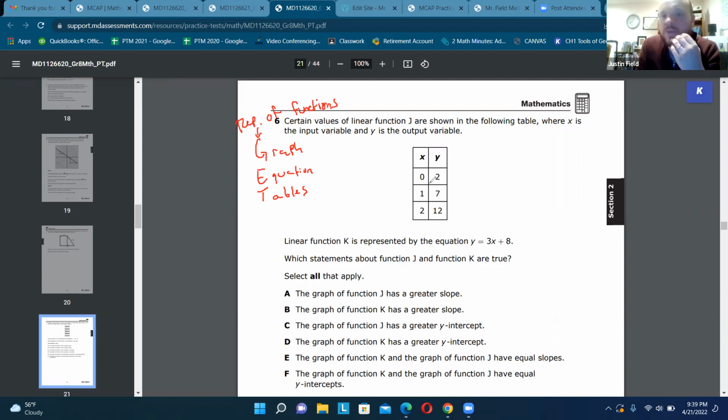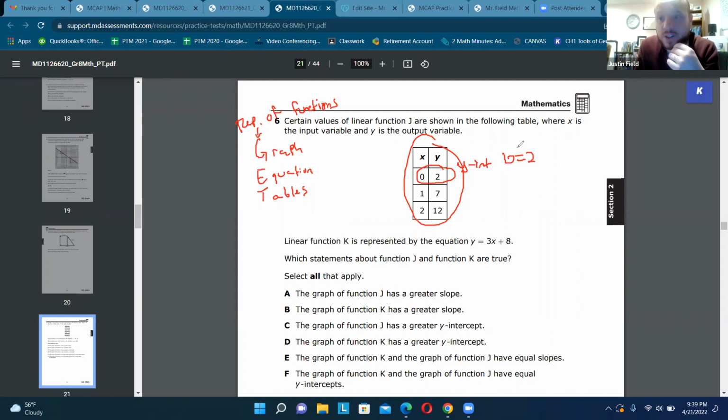So right here, I'm going to find the slope-intercept form for this table. And I know that this first point has an x value of 0. So that means it's the y-intercept. You should know that at the x-intercept, the y is 0, and at the y-intercept, the x is 0. So that's the y-intercept. So I know that b is 2.